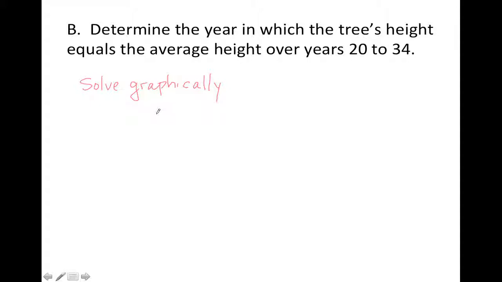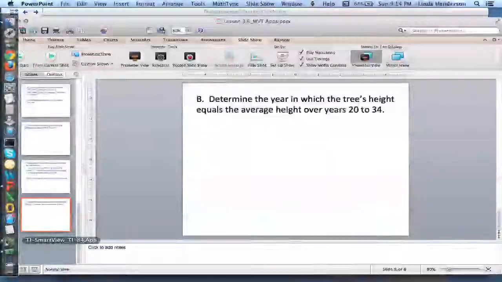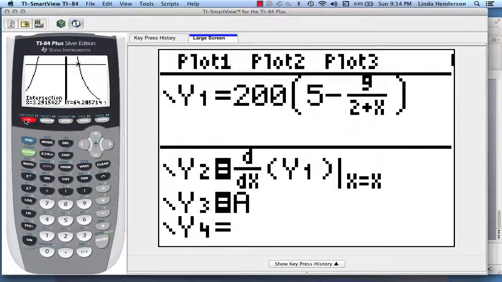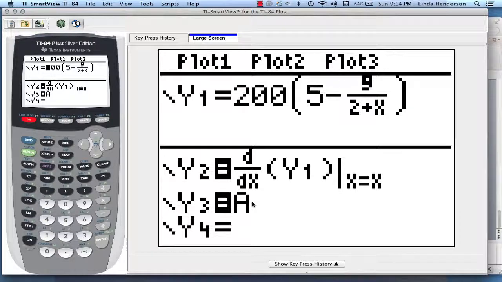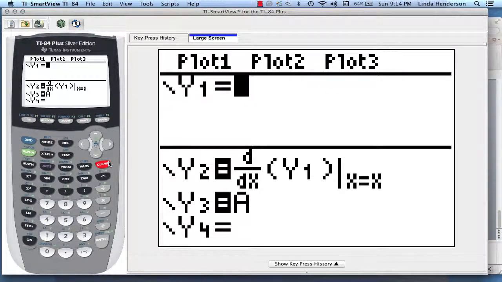It's very similar to what we did before. We could let the calculator graph the derivative and find where that's equal to 1.148. All right, so if we go back to the calculator and go back to y equals, let me clear out what I have under y1, and we'll type in the derivative.